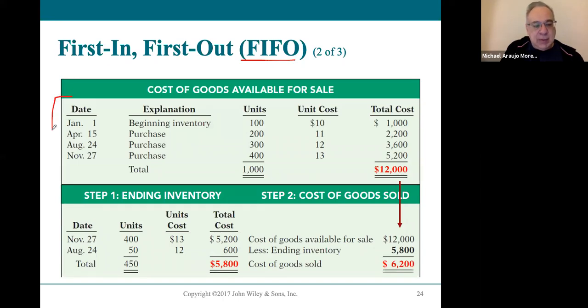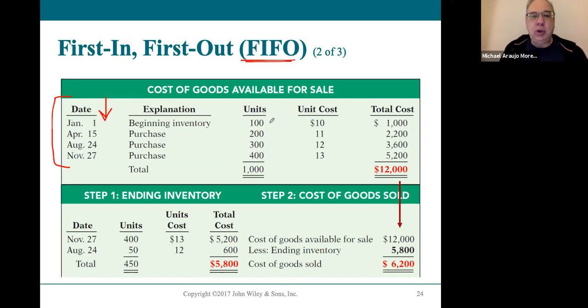Again, everything starts with an inventory list. Otherwise, none of this makes sense. So as you know, these 1,000 units were all purchased and available for sale. You also understand that under FIFO, the first ones on the list, the ones starting from January 1st, have been sold.